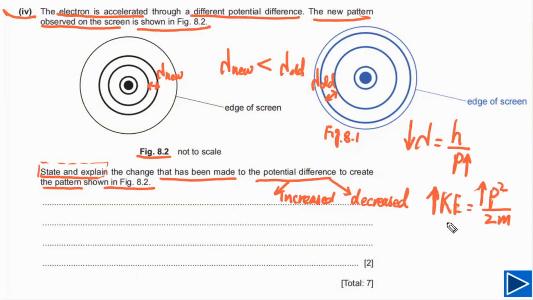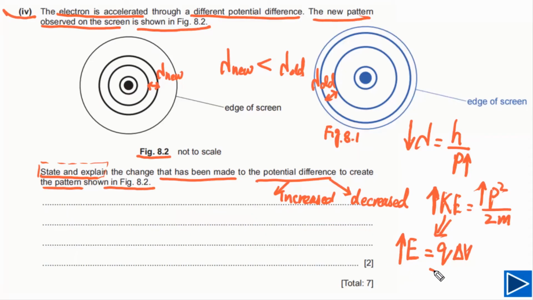And in this case, kinetic energy is given by electrical energy, and electrical energy is equal to Q times delta V. Since kinetic energy has increased, we have to supply more energy to the electron.